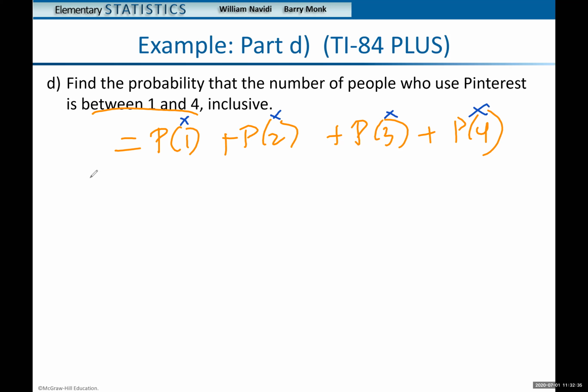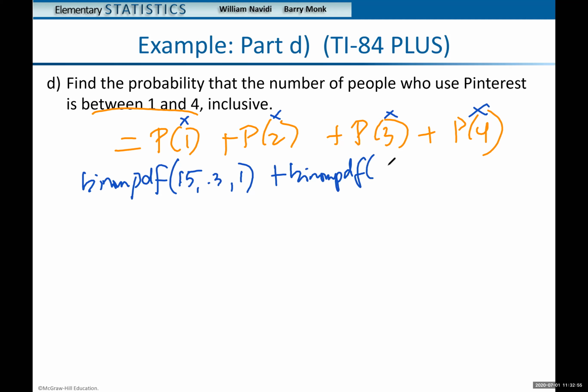So you can use a binom PDF of 15, 0.3 and 1 here. This one is binom PDF of 15, 0.3 and 2.